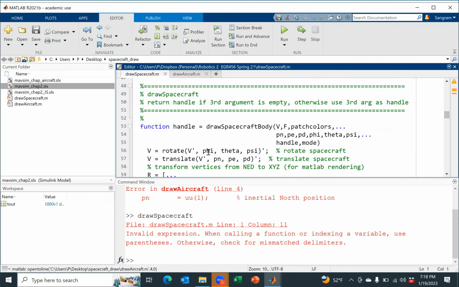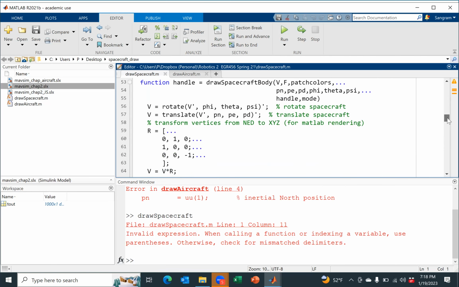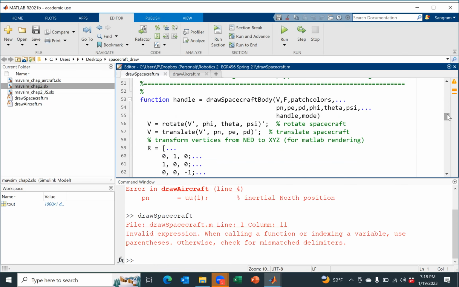And now you have roll, pitch, and yaw angles. Then you have the north, east, down displacements. And what you need to do is you will have to perform the projection matrix transformation so that the MATLAB X, Y, and Z, which are like this, and your X, Y, Z, which are north, east, and down, line up. So you have a negative turn, and your signs X and Y are flipped.